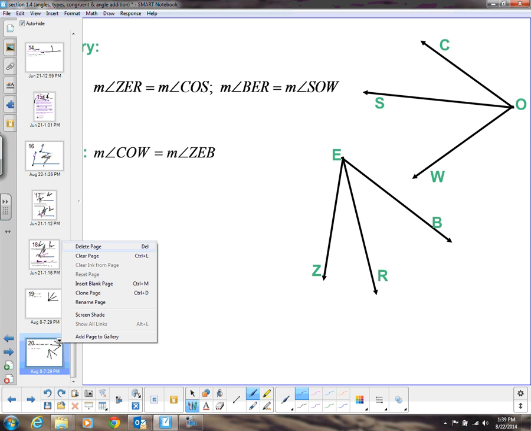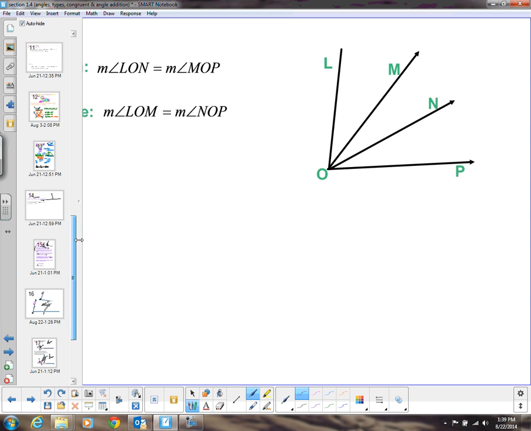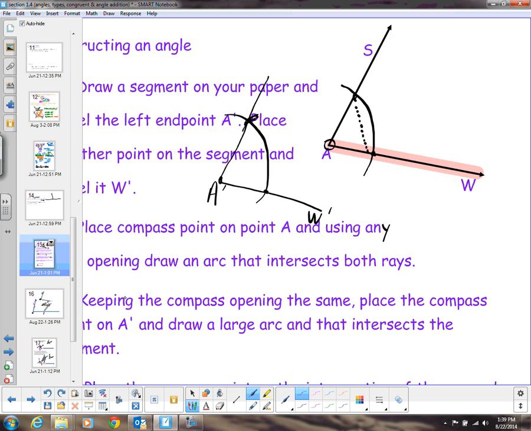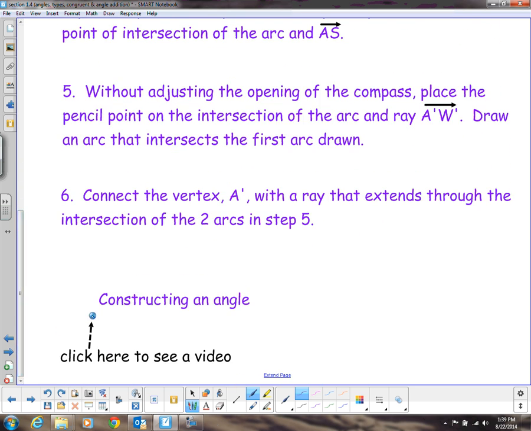And it looks like we're finished. So that is how you construct angles. All right, if you want to see a different video, then I'm going to click here, and this takes you to a page which has how to construct the angles.